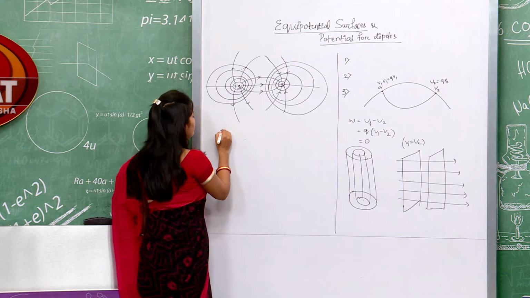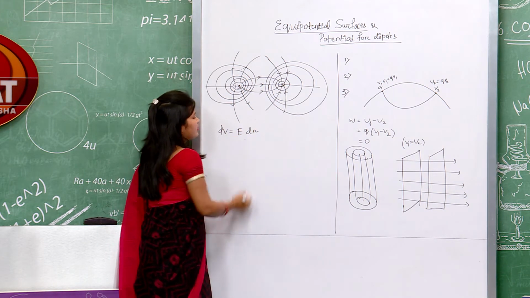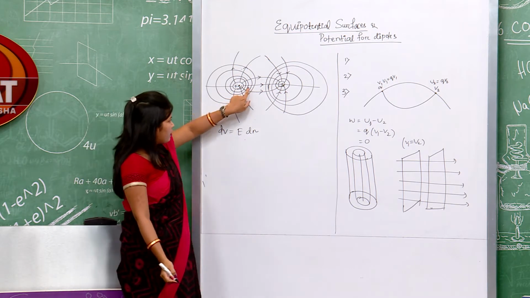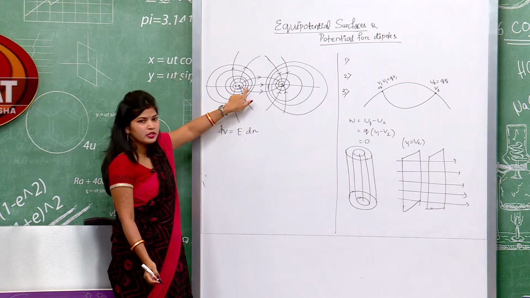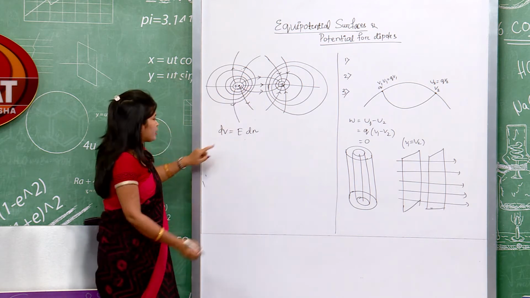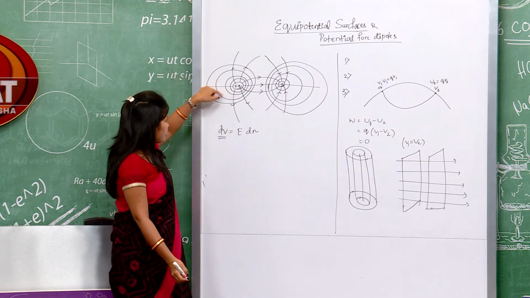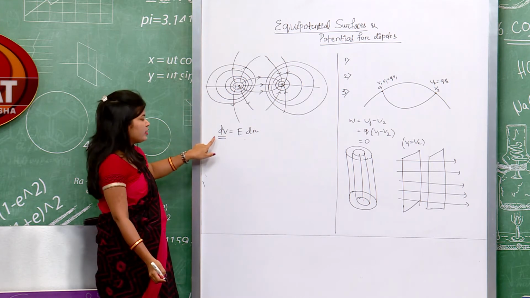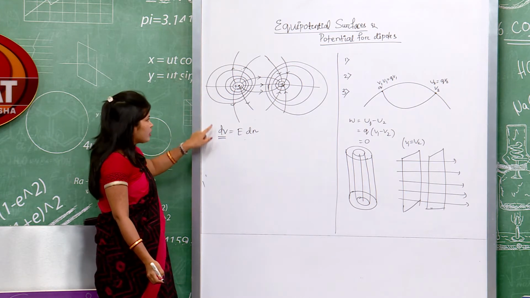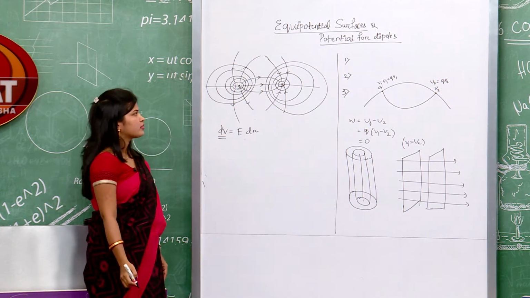So, you know the relation dV = E dr. When there is a strong electric field, the distance will be smaller to get the same potential. Here the electric field is weak, so the distance will be larger to get the same potential. So, that is why these are the structures of equipotentials.